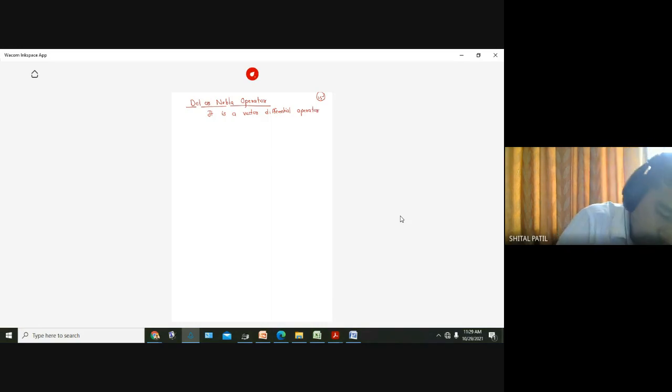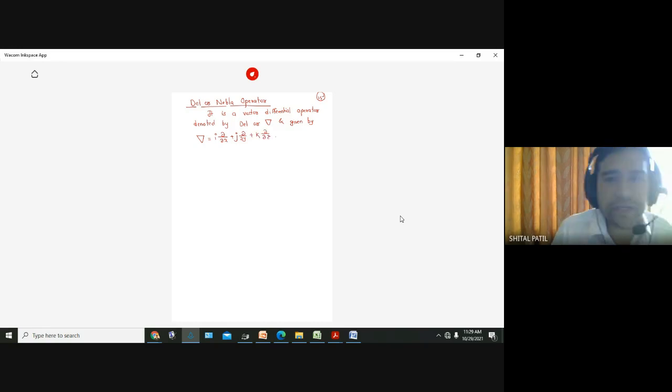Vector differential operator denoted by del, given by i del by del x, j del by del y, plus k del by del z. Right? This is the Nebula operator.